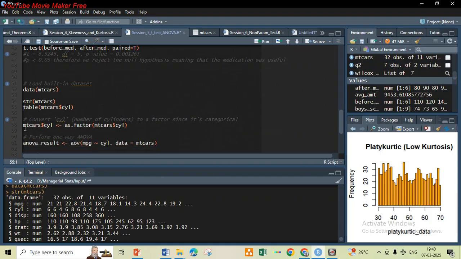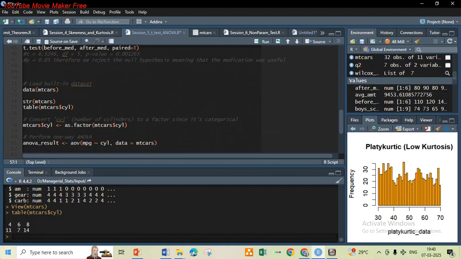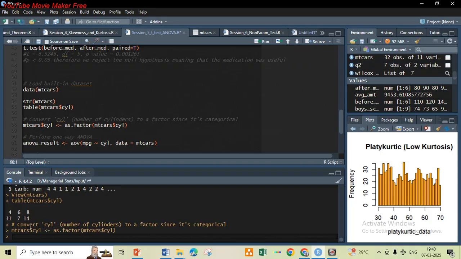To confirm that, we'll run this table command and we see that there are three different types of cylinders present in the engine, which is 4, 6, and 8. Out of the 32 observations, 11 have 4 cylinders, 7 have 6 cylinders, and 14 have 8 cylinders. So we'll just convert it into a factor so as to make it a categorical variable instead of numeric.